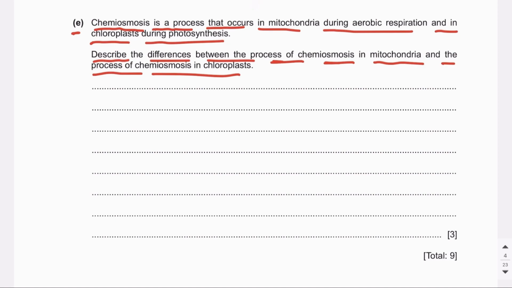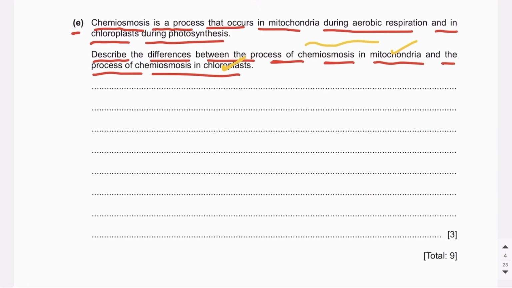Chemiosmosis in mitochondria occurs during oxidative phosphorylation, whereas in chloroplast, it occurs during photophosphorylation, right?